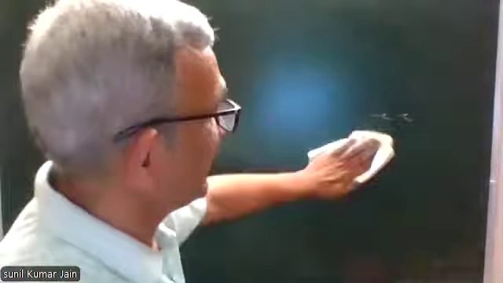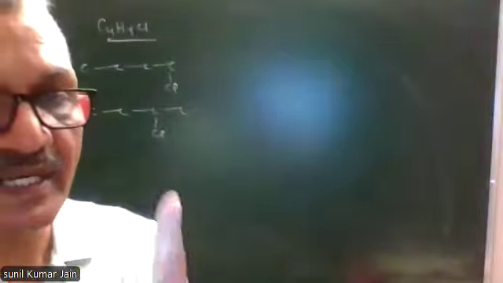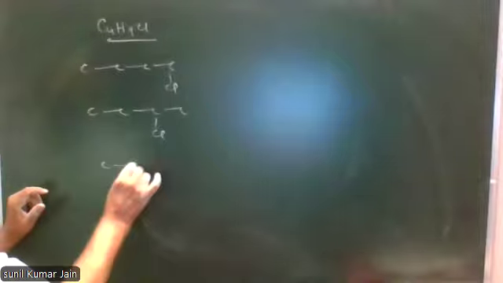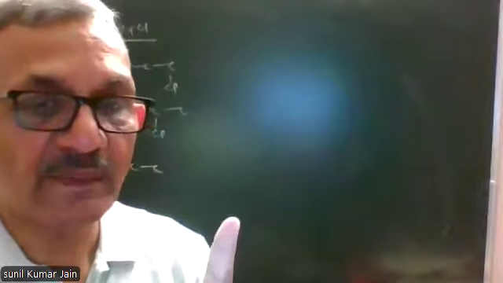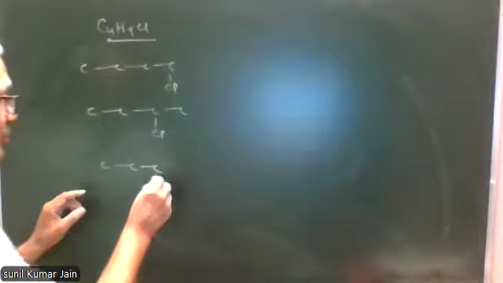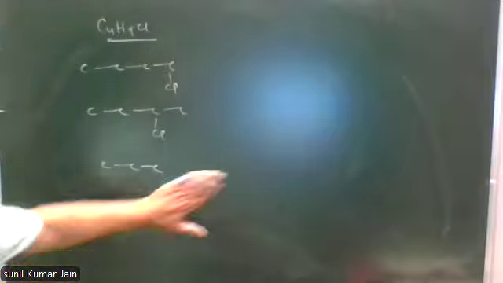Now, when repetition starts, cut the chain by one carbon. Now, chain of three. We are left with one carbon. Leftover carbon will not be attached to terminal carbon atoms. It should not be attached to this or this carbon because that will again become a straight chain of four carbon atoms.